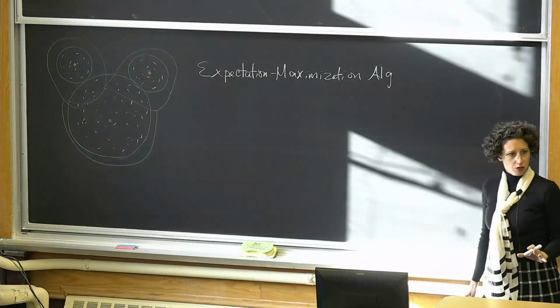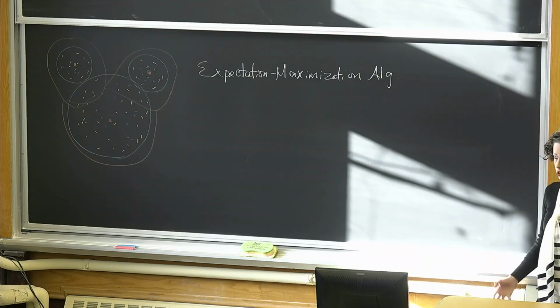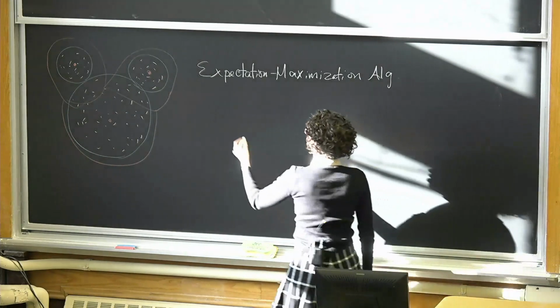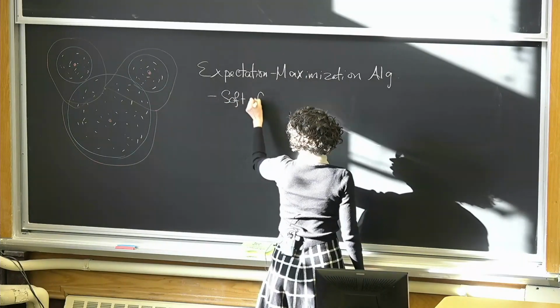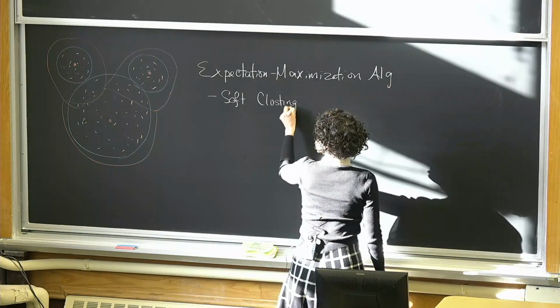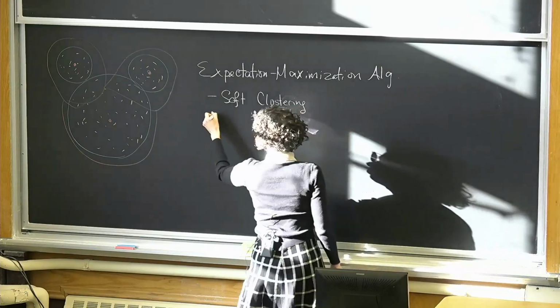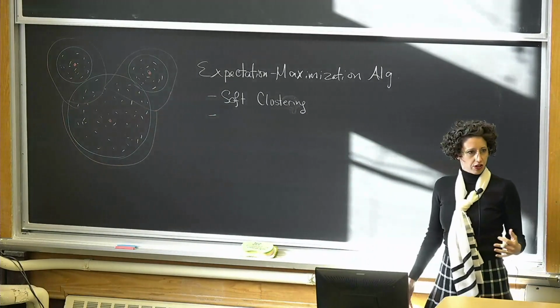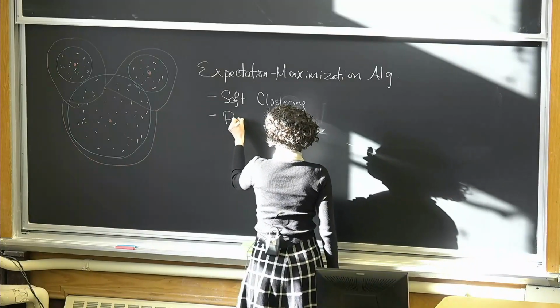And there are several reasons why I think this is the right method for us to explore today. In part, it's going to give us an example of soft clustering, so it's a different paradigm than we saw with k-means. In addition, it's going to allow us to start thinking about probability distributions, and especially the Gaussian.